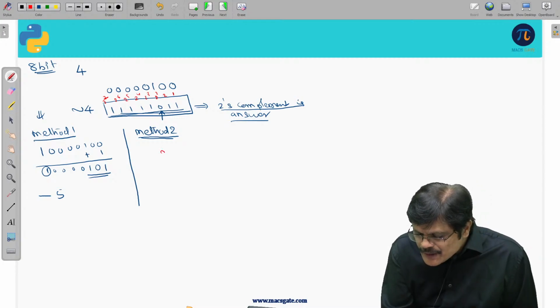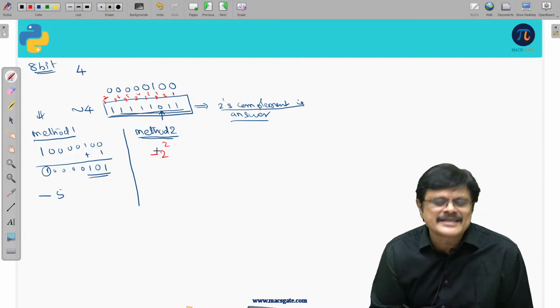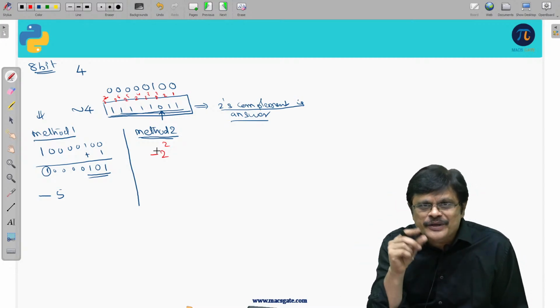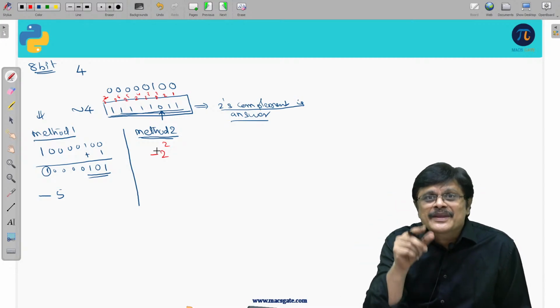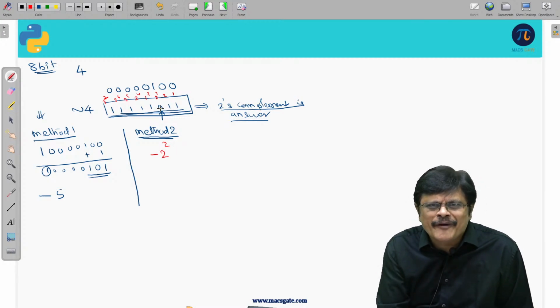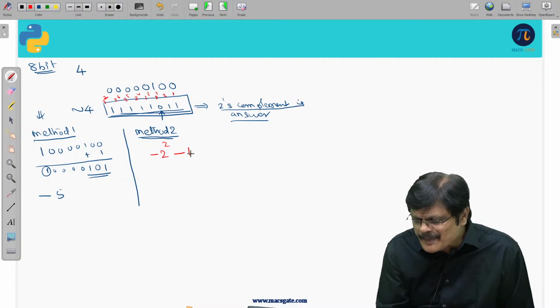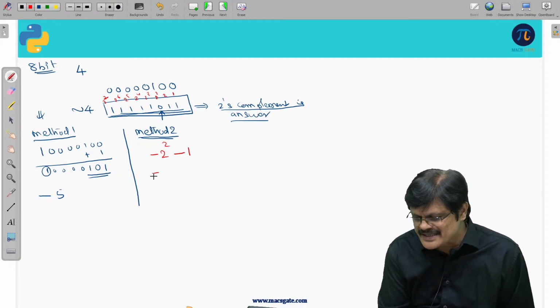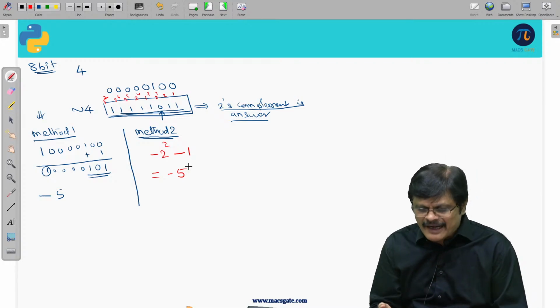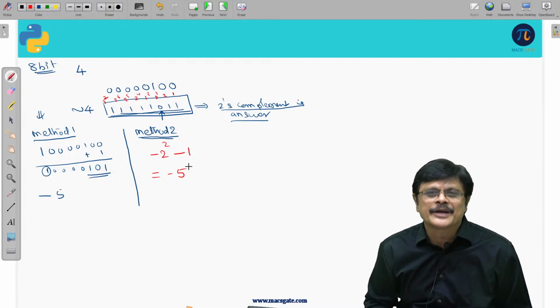So you take 2 square but with a minus sign. Wherever zeros are there, you take the corresponding numbers with a minus sign. Because there is only one 0, we are very lucky, you just subtract 1, and this is your answer. Minus 5 is the answer. This is how we do it manually when finding the complement.